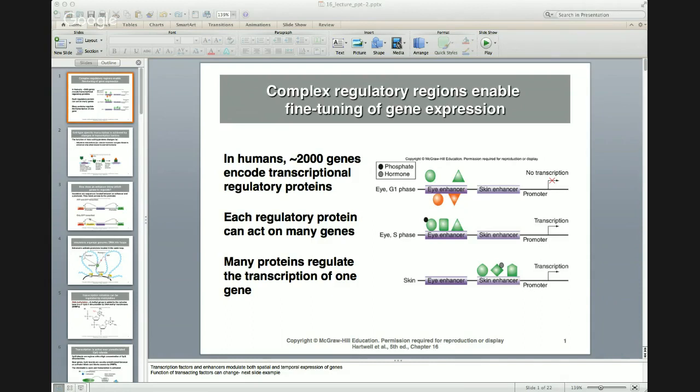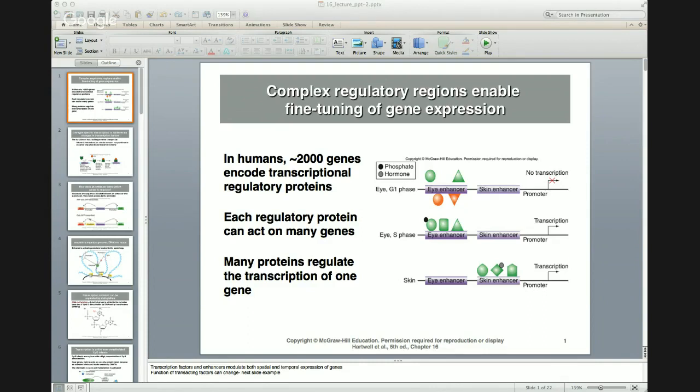These trans-acting factors are quite abundant in the cell. In this slide, we're seeing that there are about 2,000 genes which encode transcriptional regulatory proteins. Each regulatory protein can act on many genes, and many proteins can regulate the transcription of one gene.